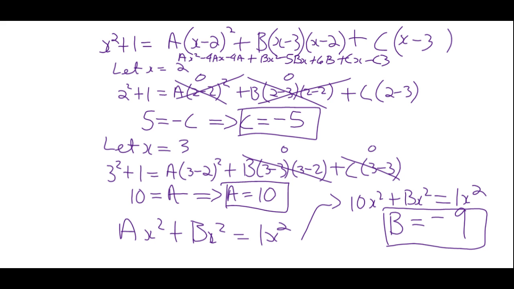So if you look at it, these two guys are your x squared term, right? So a plus b has to be equal to 1. You could even write that down, really. You could just say a plus b has to equal 1. I know a, so therefore I get b.